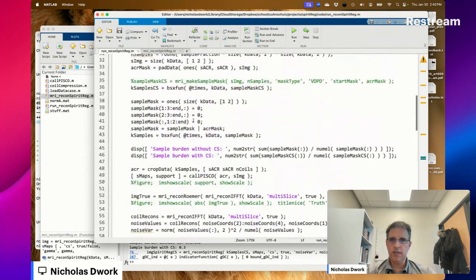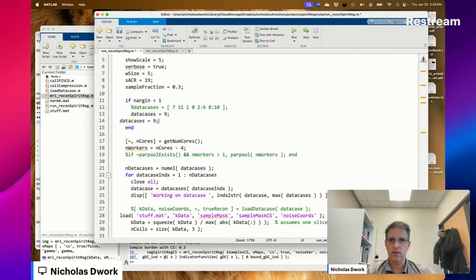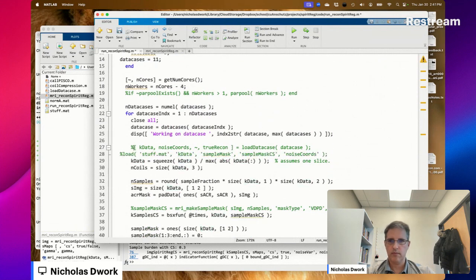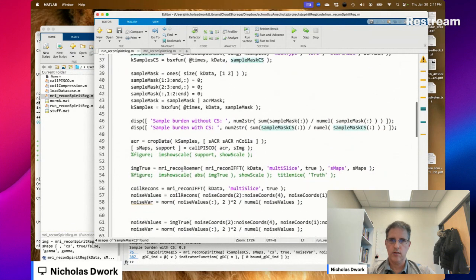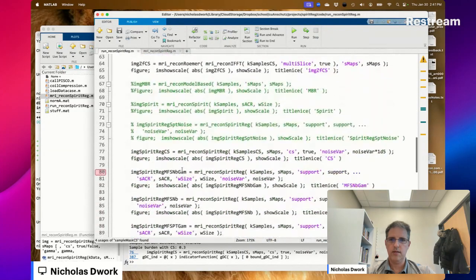How hard is it going to be to change this data set? Is that it?